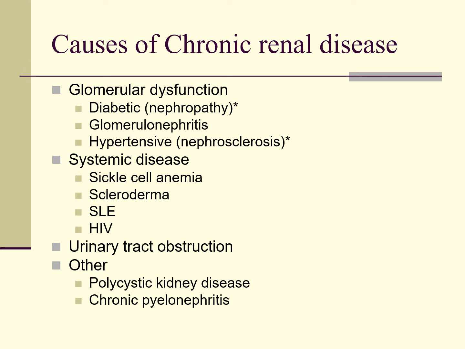Other systemic diseases, SLE means systemic lupus erythematosus, and the kidney can be affected in that. HIV, and then chronic renal disease can be from chronic urinary tract obstructions that keep flaring up. And then we have a couple other possibilities for chronic renal disease as people age.